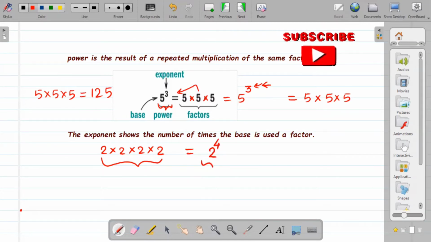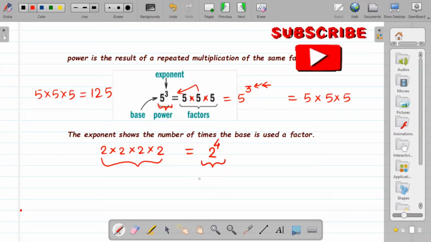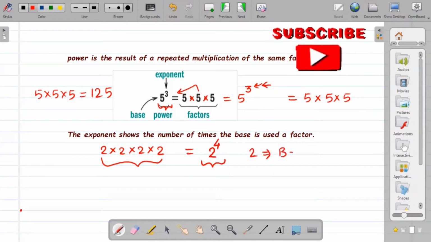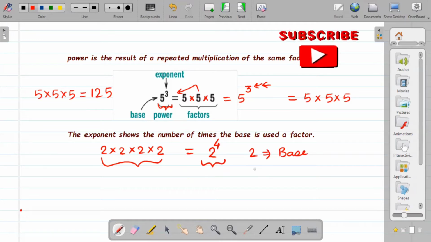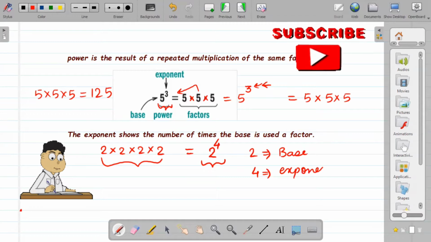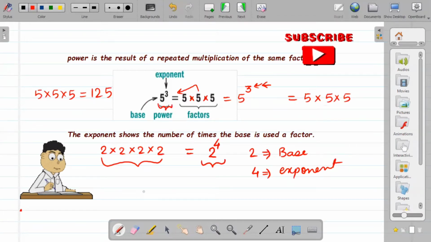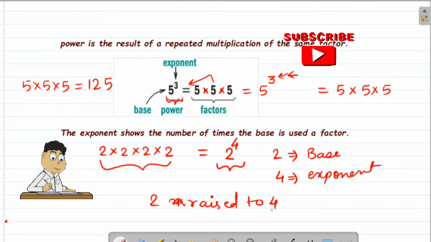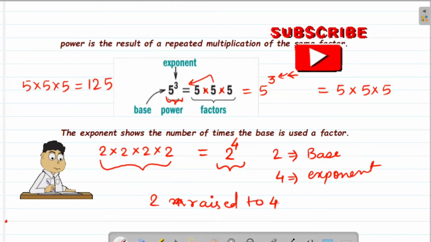And that short form is called a power format or an exponential format, in which this 2 will act as the base and this 4 will act as the exponent. We can read it as 2 raised to 4, or we can call it 2 to the power 4 also.